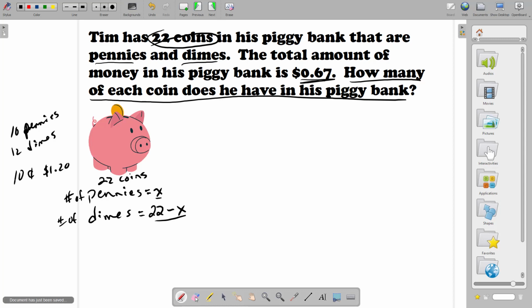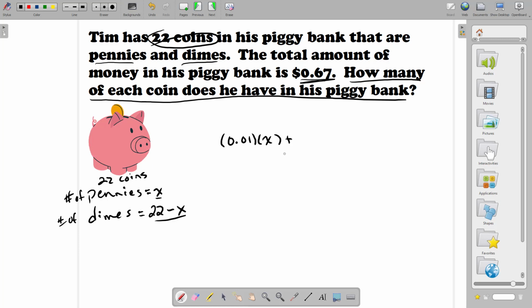But we don't know how many pennies and dimes we have. So to take our number of pennies and dimes and find out how much money that is, we would take 1 cent times the number of pennies, which is X, add that to 10 cents times the number of dimes, and that gives us our total amount of money, which is 67 cents.